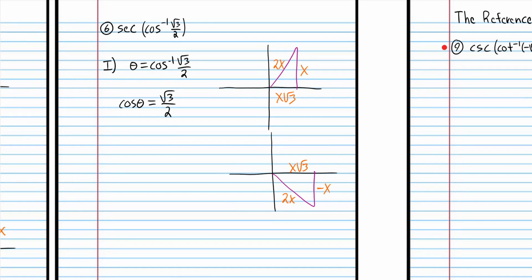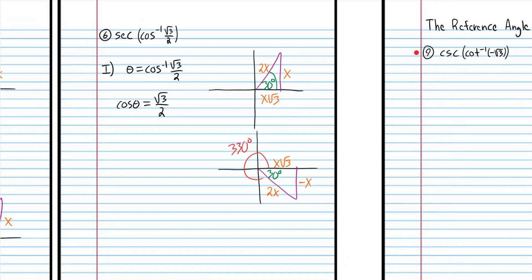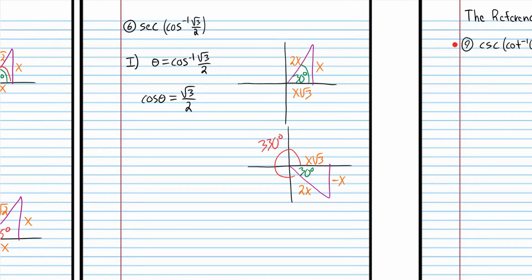And x is the side opposite the reference angle, so the reference angle must be 30 degrees. And so one of the angles is 30 degrees, and the other angle is 330 degrees. So theta is equal to 30 degrees and 330 degrees if we're looking for the measures between 0 and 360.